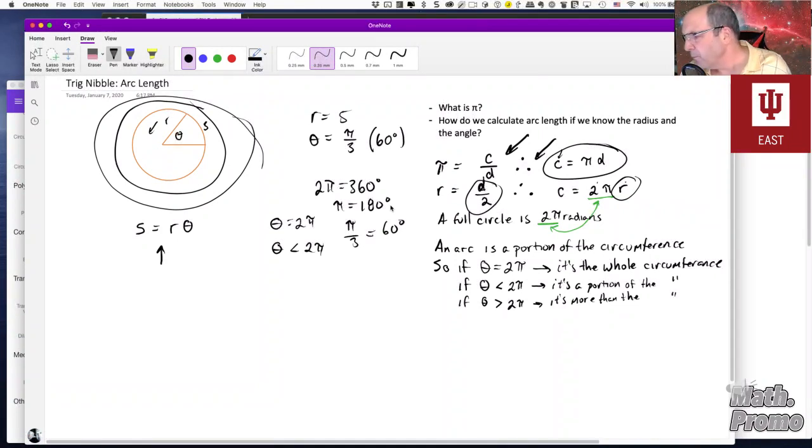Simple enough. But we don't want this in our calculation. We won't get the right answer. We want this. So based on what we said here, if radius is 5 and theta is pi over 3, S is going to be 5 times pi over 3.